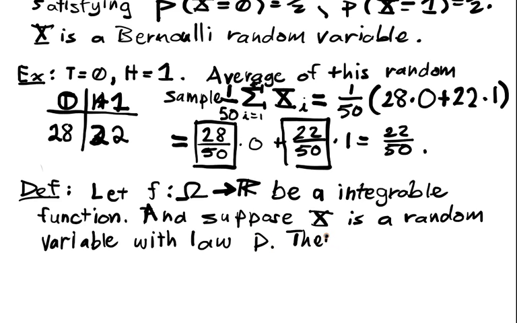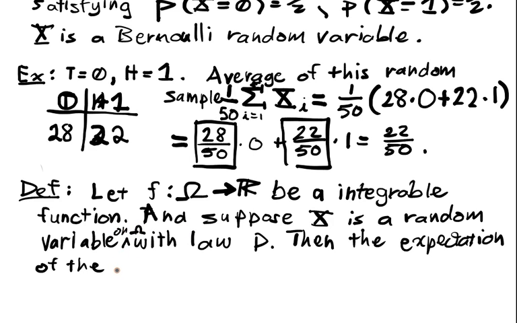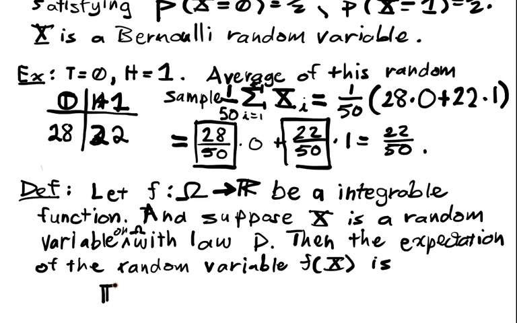Then the expectation of the random variable f of x, x being a random variable on omega, of course, we'll denote E f of x, and it's simply the integral, or the sum, of f of x, p of x, dx.